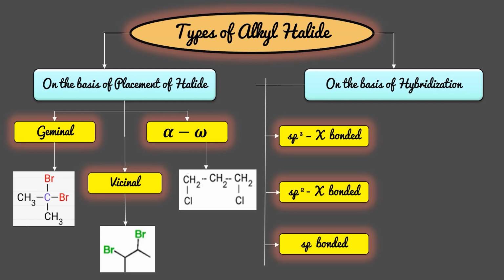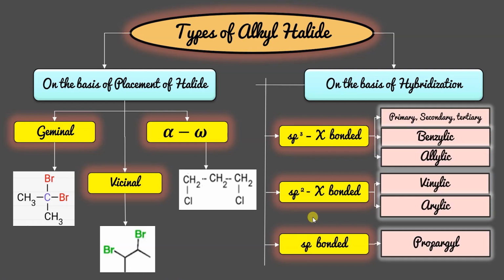So on that basis, sp3 C-X bonded means the halogen must be attached to an sp3 hybridized carbon. In this case, the halogen will be attached to an sp2 hybridized carbon, and in this case, the halogen will be attached to an sp hybridized carbon. Sp3 C-X is of 3 types: primary, secondary, tertiary, and the important ones are benzylic and allylic. We will do them one by one. Similarly, sp2 C-X is vinylic and arylic. Sp bonded is called propargylic.